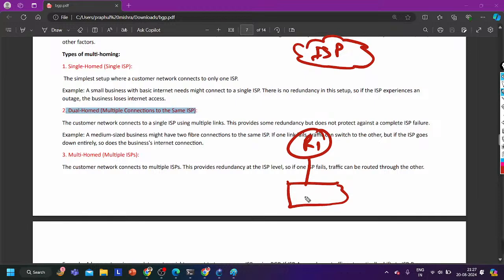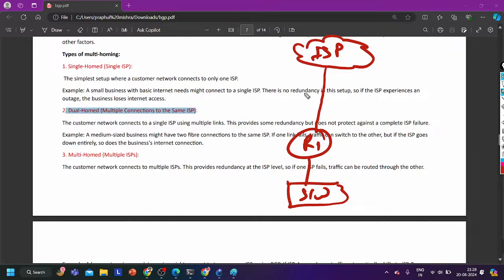I'm not talking about the internal network. The internal network can be anything, like you can have multiple distribution layer switches, multiple access layer switches, right? And then end devices. Now in this scenario, I'm going to connect the internet to this router. Which type of multi-home is this, guys? This is a single home network, correct?